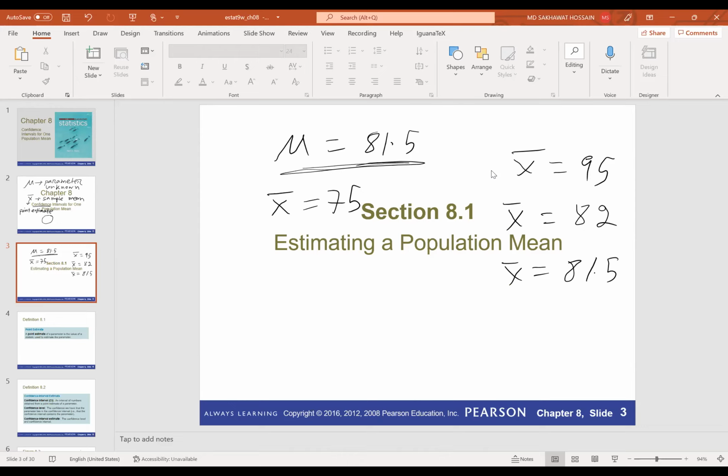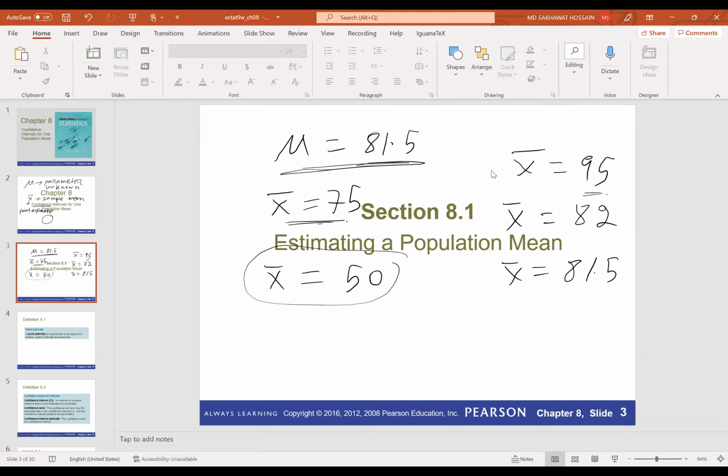Here the problem is, when we estimate the sample mean and make inference about the population mean, that inference may not be a very good one, because one sample mean is 75, which doesn't really represent 81.5 very well, and another sample gave 95. And if one sample average is maybe 50, then inference based on this is not appropriate.